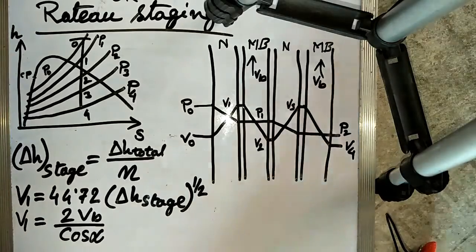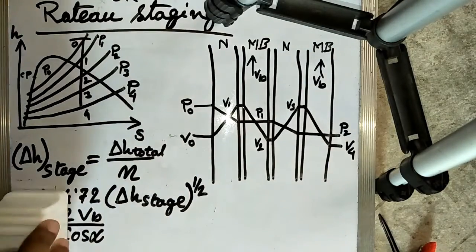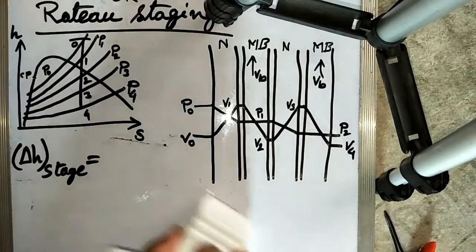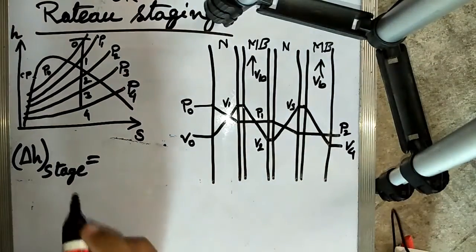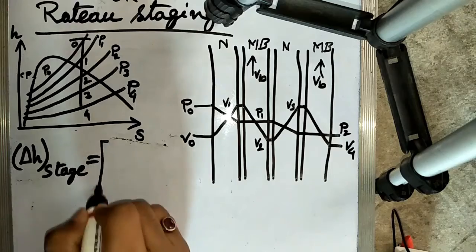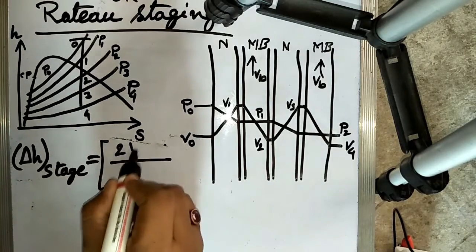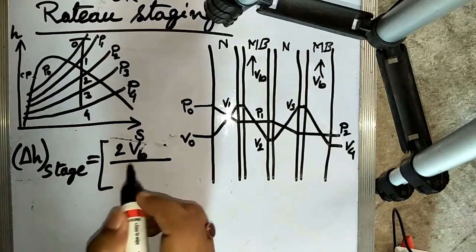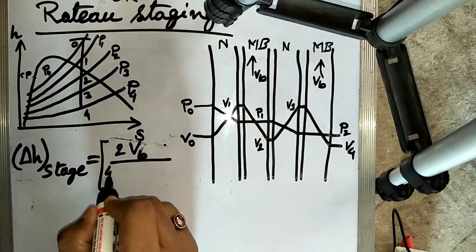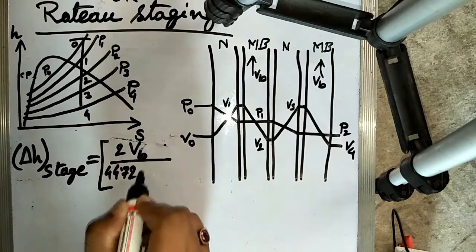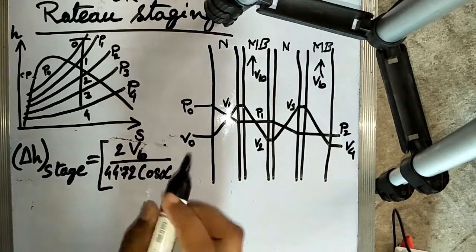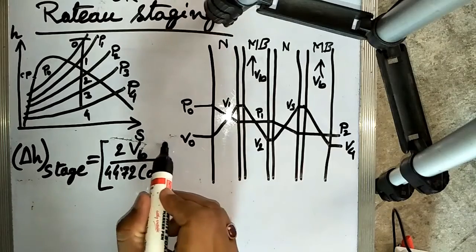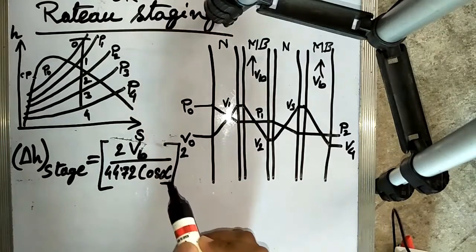So the stage enthalpy drop becomes (2 into Vb by 44.72 cos alpha) whole square.